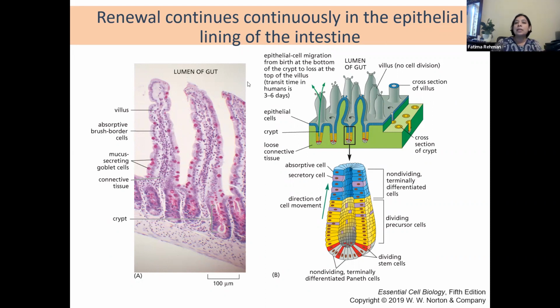This process takes 3 to 6 days in humans to go from the bottom all the way to the final destination where they are going to be. And if we take a cross section of the various parts, you will be able to see where the differentiation is happening and where the terminally differentiated cells are, towards the top.